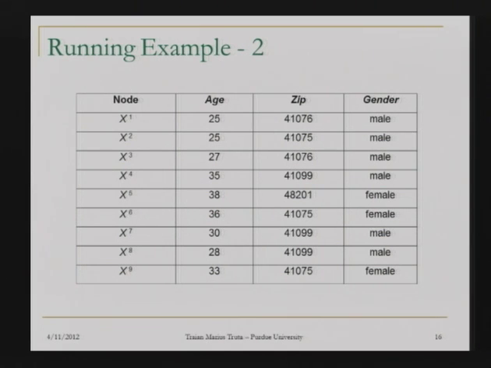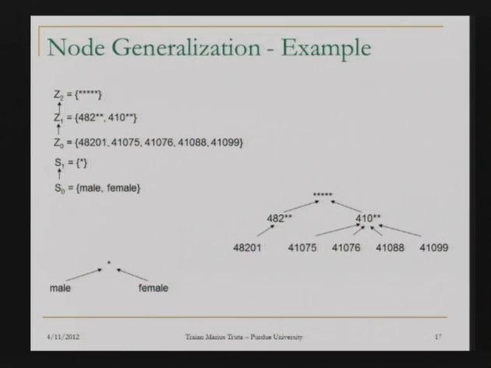Now, I did not show here a sensitive information because our goal is to create groups of tuples that are indistinguishable from each other. So having a disease or an income as a sensitive information will not really help our example. But that's the only reason why I didn't include here the last attribute, sensitive attributes such as disease or income.